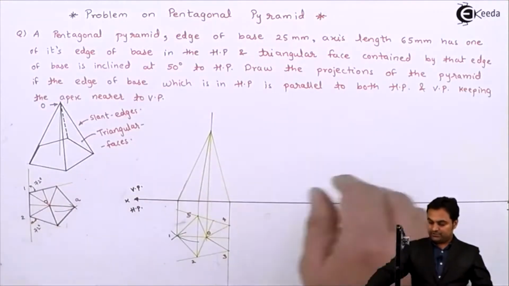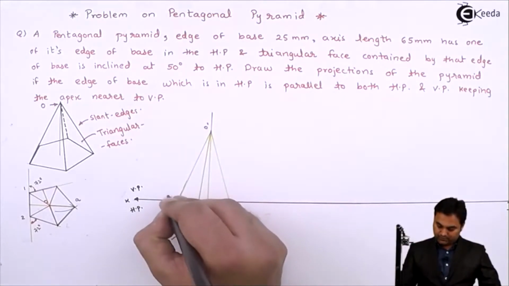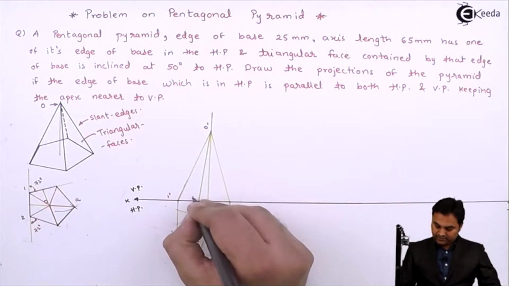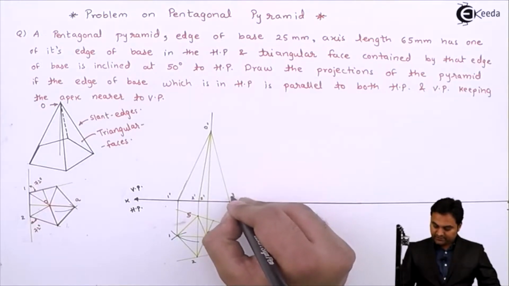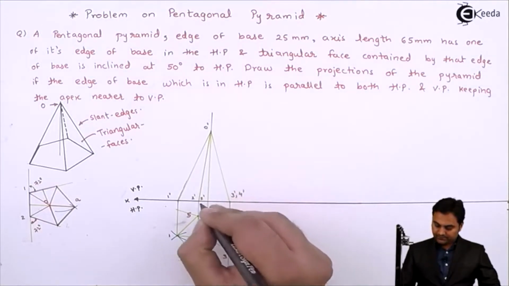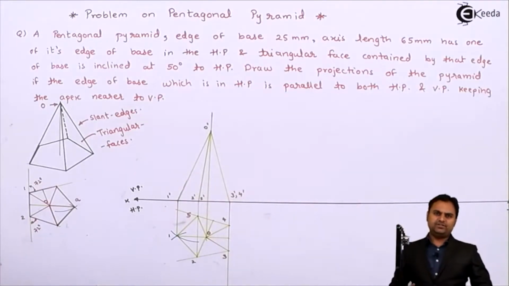Giving the notations in the front view. O dash, 1 dash, 2 dash, 5 dash, and here we have 3 dash, comma 4 dash. And then making it dark so that the initial condition is completed.